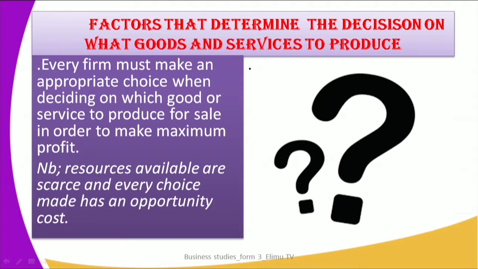So we are going to look at these reasons, and how farms are supposed to decide on what goods and services to produce. Note that resources available are scarce, and every choice made has an opportunity cost. An opportunity cost is the cost foregone.